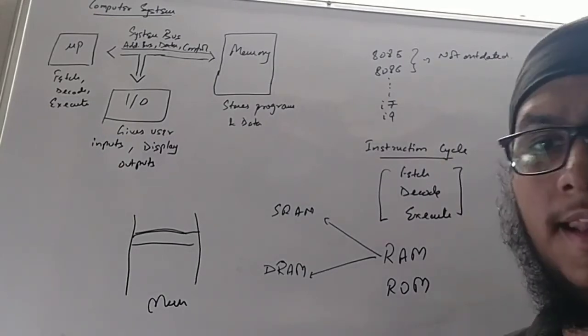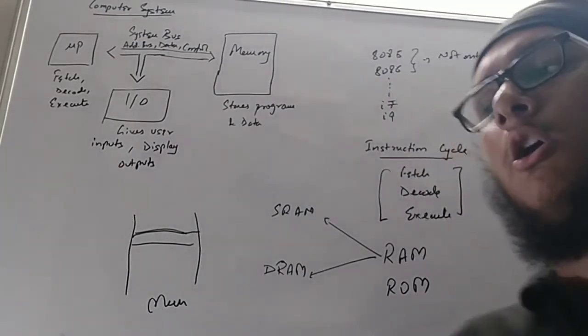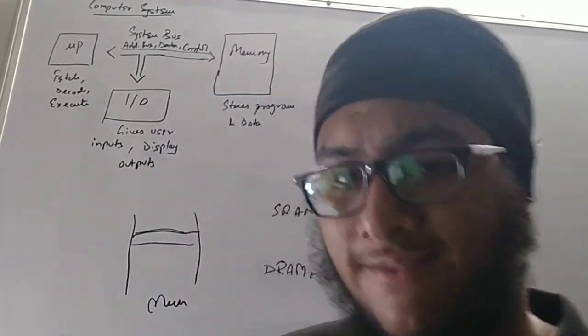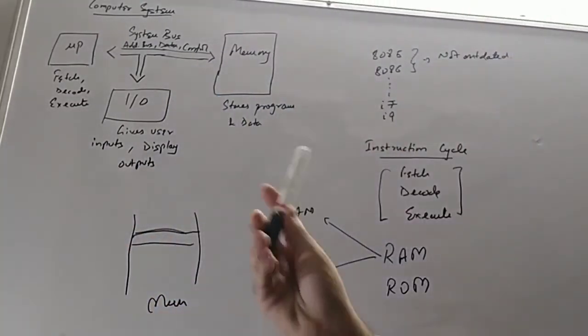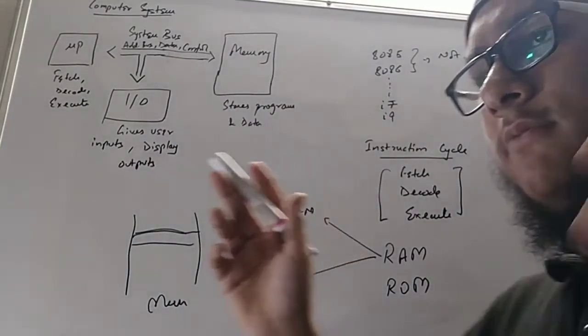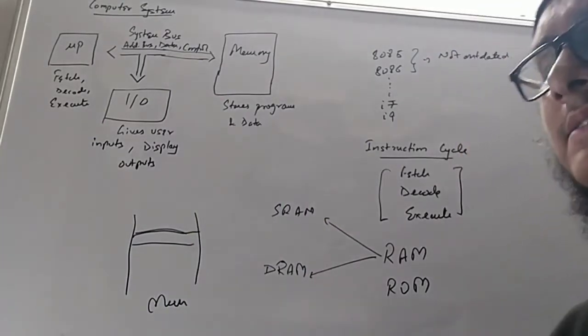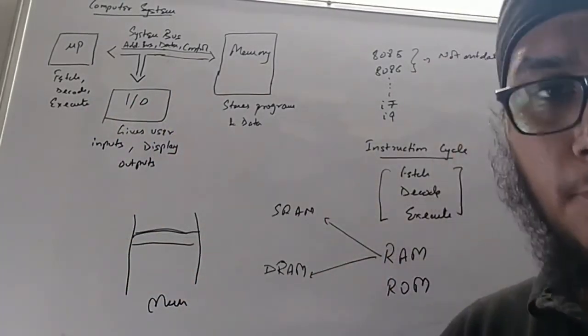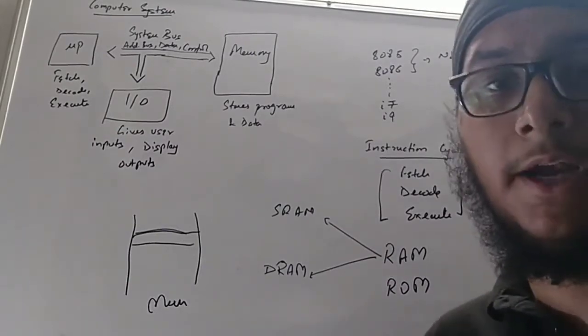Now the next part is I/O devices. Just a gist of I/O devices: these are input output devices, users give input through them, and output is displayed to us.